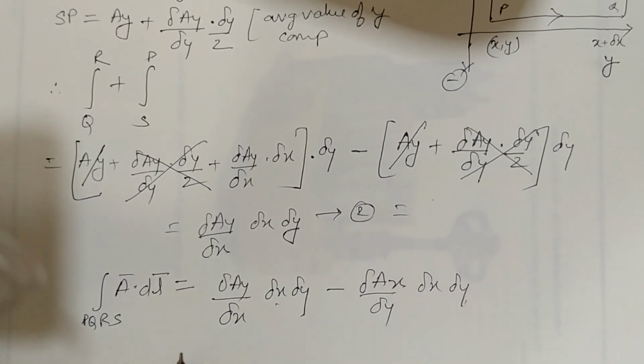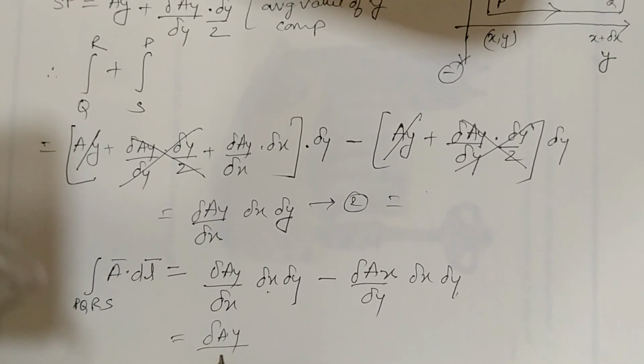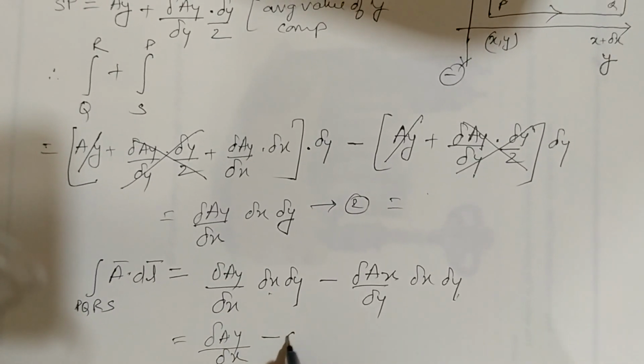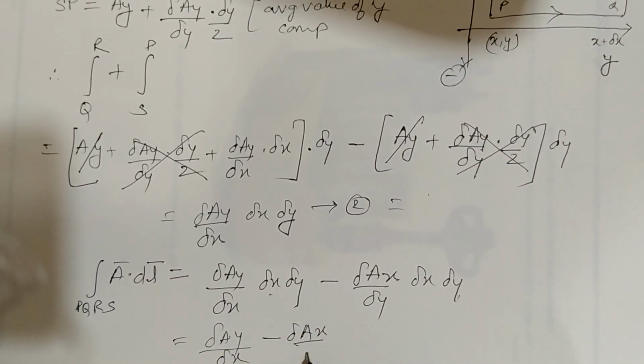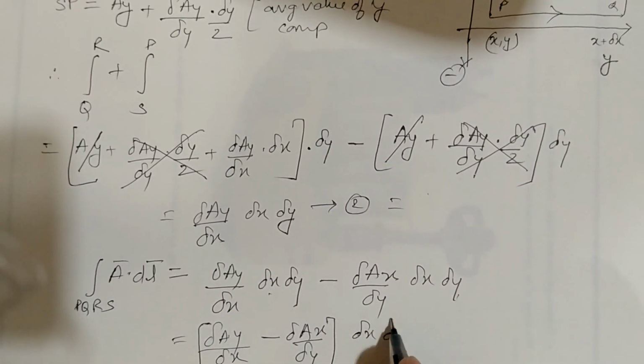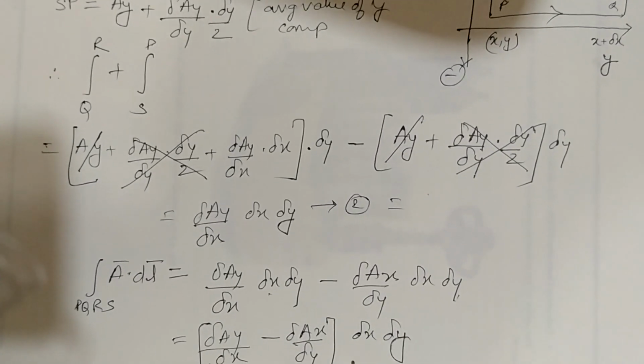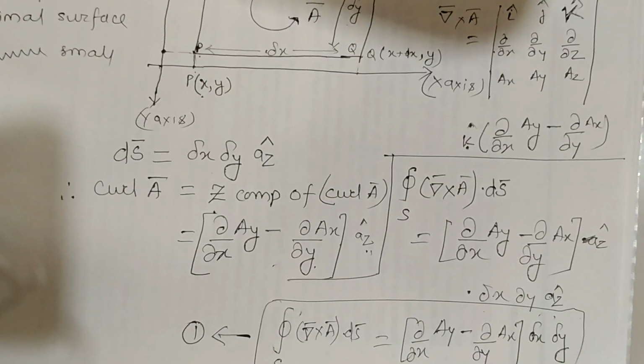So delta x delta y will be common, so it will be del Ay by del x minus del Ax by del y, into delta x delta y, and this will be equal to this value.